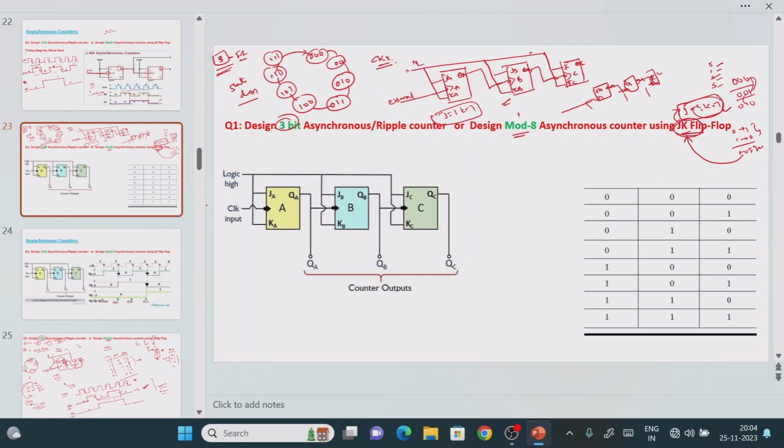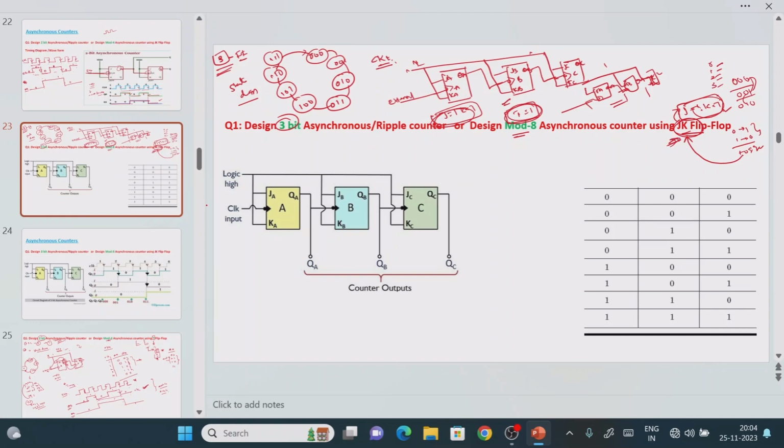But in a T flip-flop, when does the toggle condition occur? T equal to 1. Just connect TA, TB, TC to 1, that's it. Then this is called the T flip-flop operation. The only difference is that here JA, KA should be connected to 1, and here only TA should be connected to 1. That's the only difference, everything else is the same. That's the reason why I am not going to explain the implementation using the T flip-flop.